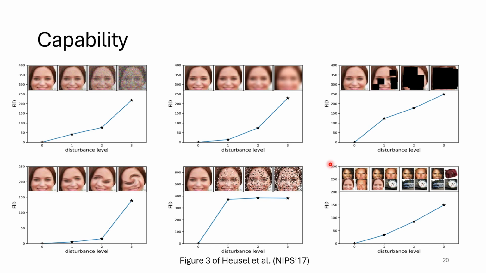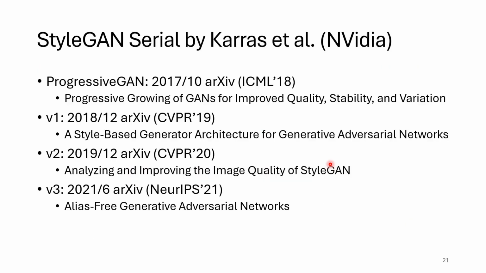So from this figure, they want to show FID is effective. Okay. And all right, so this is FID. Now, at least we have a metric to measure how similar a group of real images and a group of generated images are. Okay, now let's talk about StyleGAN.